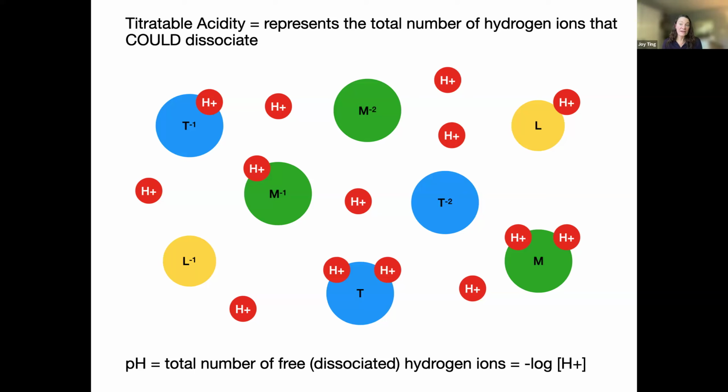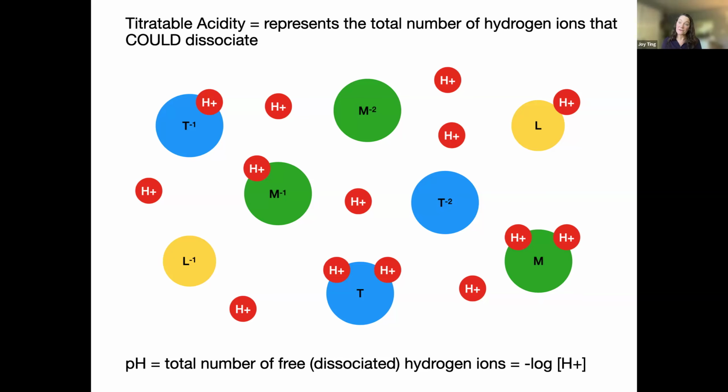Malic acid is going to hold on to its hydrogen ions a little bit more, and lactic acid is going to hold on to its 1 hydrogen ion even more than that. So if we think about molecule for molecule impact on pH, tartaric acid is going to move the pH a little bit more because it's more likely to give up its hydrogen ion, and therefore more likely to increase the concentration of dissociated ions.